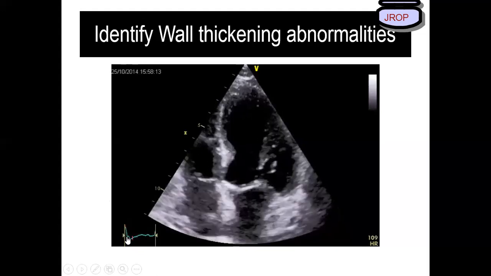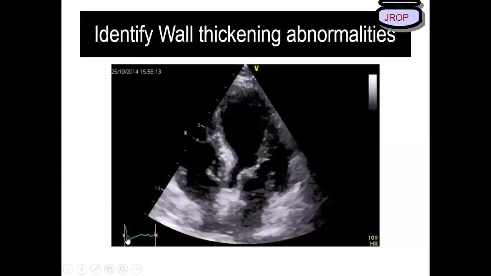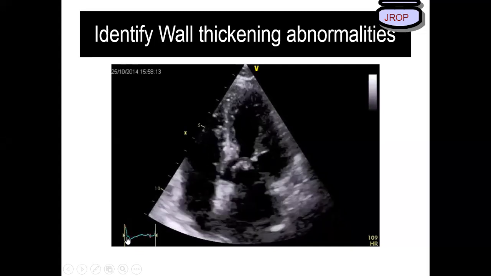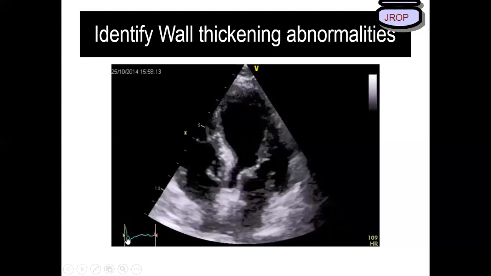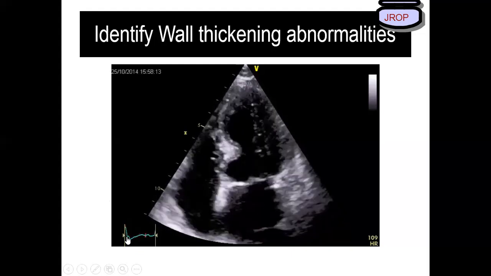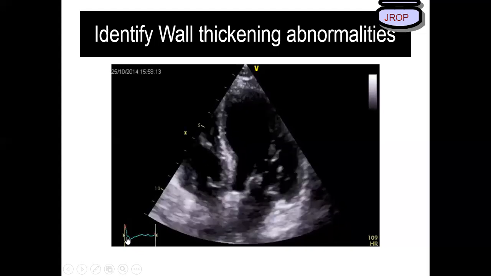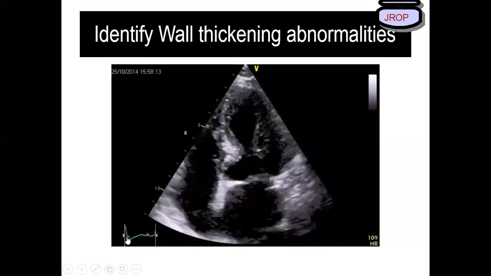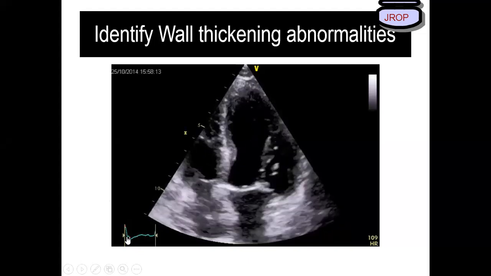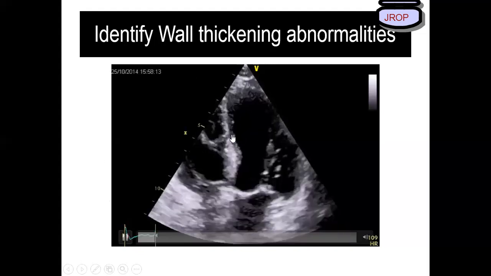Okay, I'll show you another picture now. Tell me any regional wall motion abnormalities. Fairly good, sir. So why is this septum getting jittery, you know?